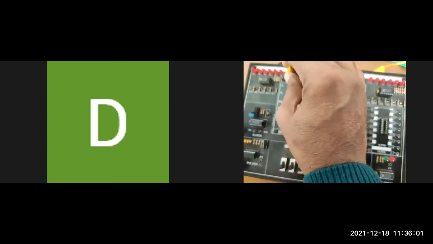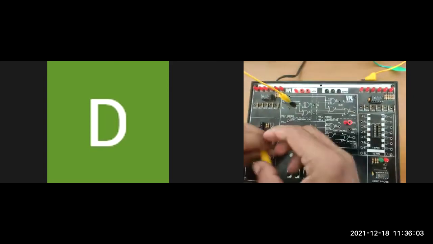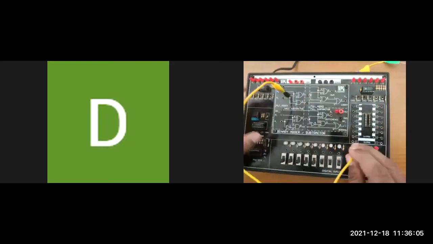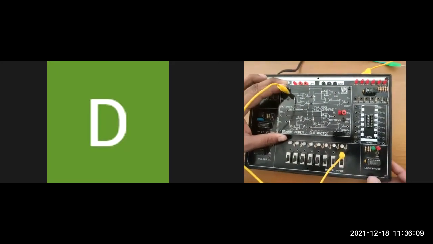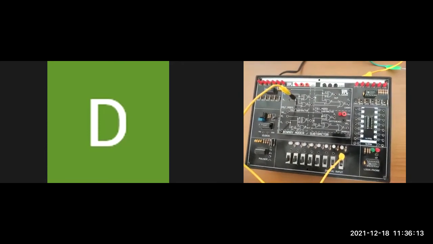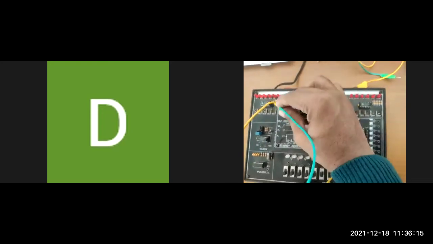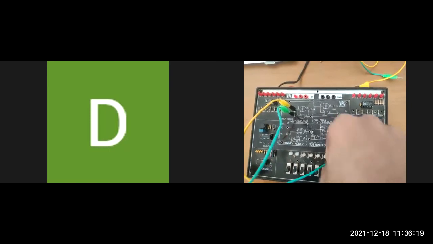I am taking the probes. First, this is the input, so this is connected with this digital input. One input is connected. Next is another input, which is connected with this digital input. So the inputs are now connected for the half adder.